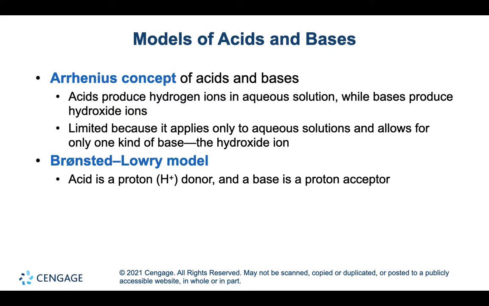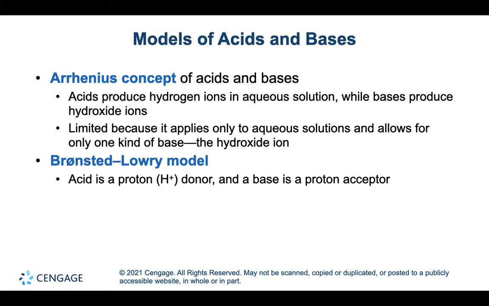Now the concept of an acid has various definitions depending on which scientist you follow. The Arrhenius concept is the one that's usually taught in introductory chemistry at, say, the high school level. It's a definition of acids and bases.